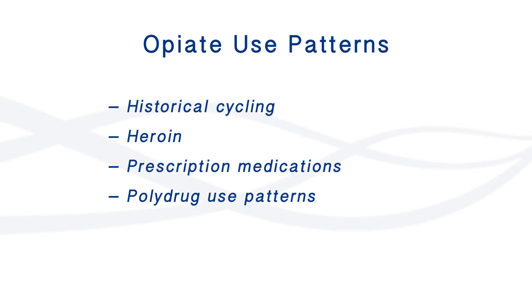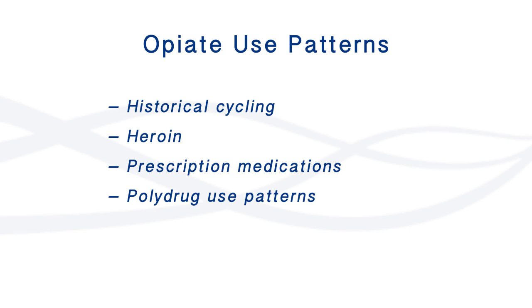If you bring it up into the more recent history, you see that in the 1970s, there was quite a bit of opiate use, and especially heroin, and heroin began to fall away, and we started seeing more cocaine use. Well, as cocaine use began its down cycle, heroin use came back. As heroin use began to fall off, we saw methamphetamine. And now as methamphetamine use has become less widespread, we saw a return of opiate use.